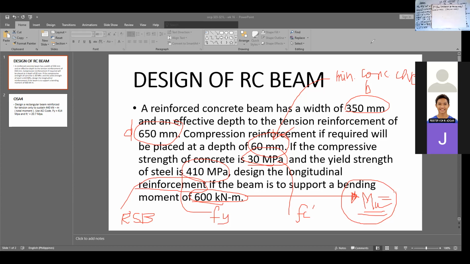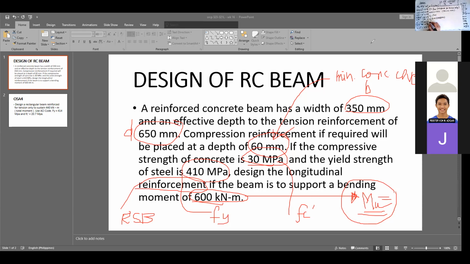So you have to continue doing the area of the steel. So the area of the steel is equals to rho times b times d. So you're going to use the actual width and the actual depth that you have provided in the section. Area of the steel is equals to 0.012. Width is 350 mm. Effective depth is 650 mm.